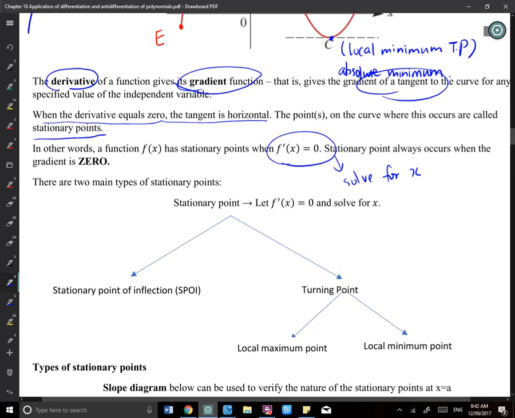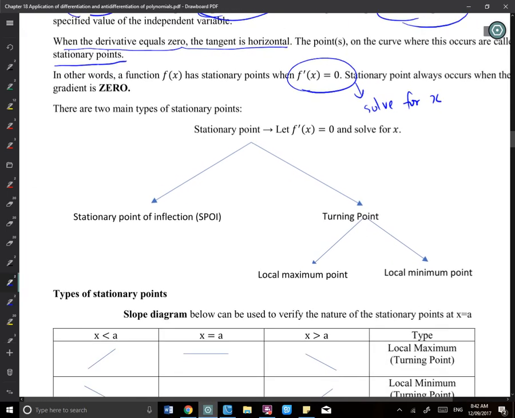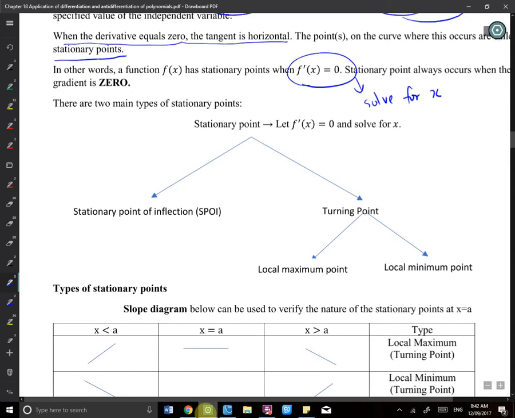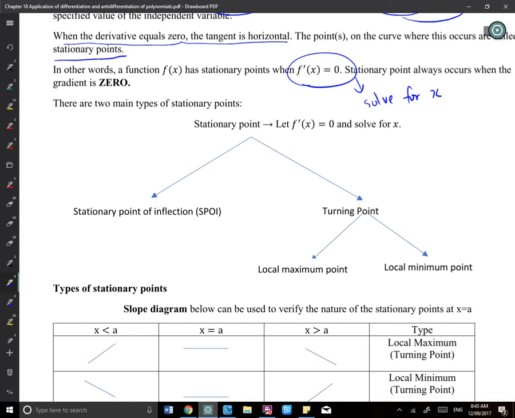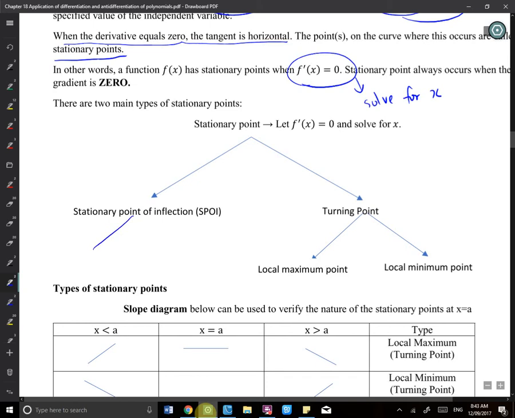So there are two main types of stationary points. We have the stationary point of inflection, and we also have turning points, which are called the local maximum and the local minimum. For the stationary point of inflection, we can have an increasing stationary point of inflection and a decreasing stationary point of inflection.